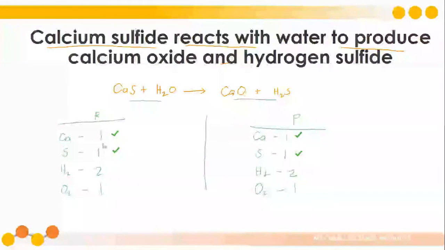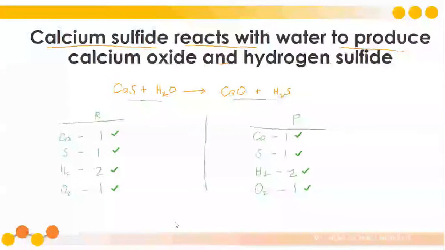For the reactant side, we have two hydrogen. For the product side, we also have two hydrogen, indicating that we have balanced hydrogen. And last one, for the reactant side, we have one oxygen. And then on the product side, we also have one oxygen.